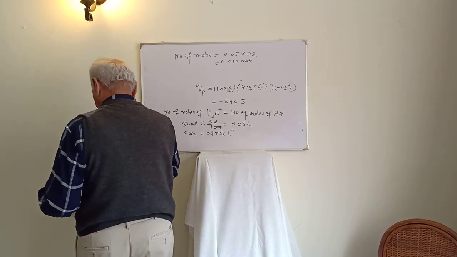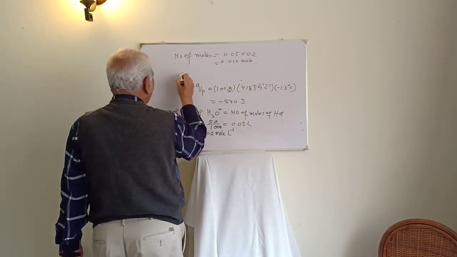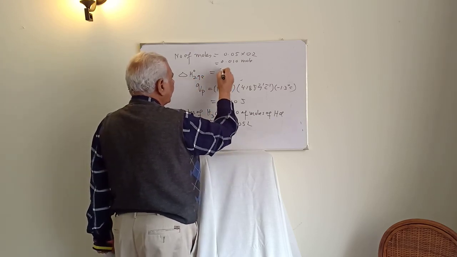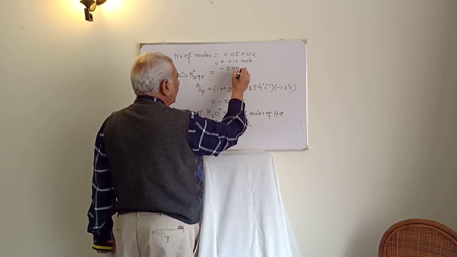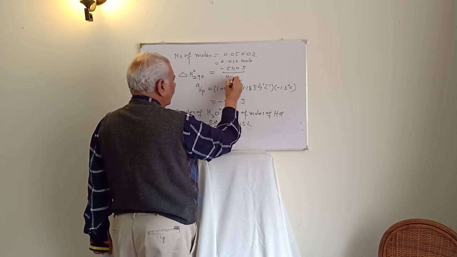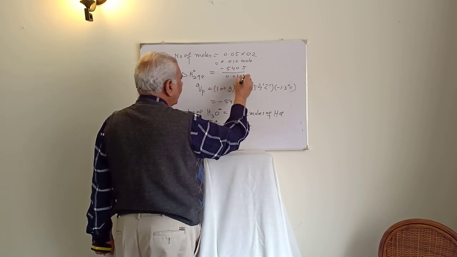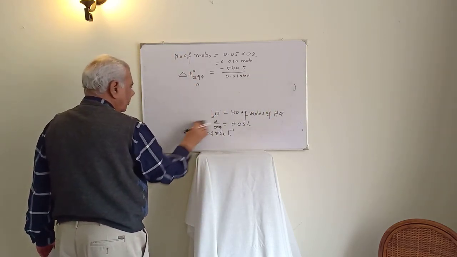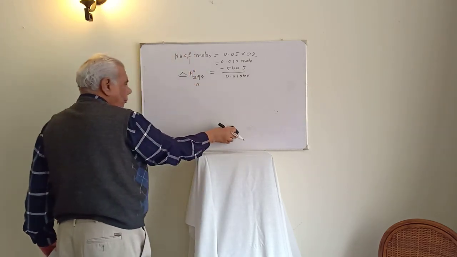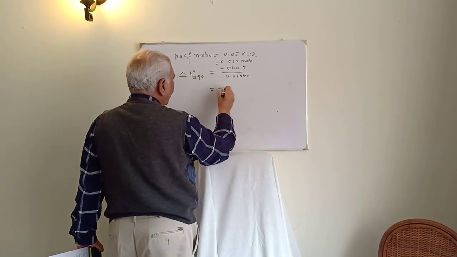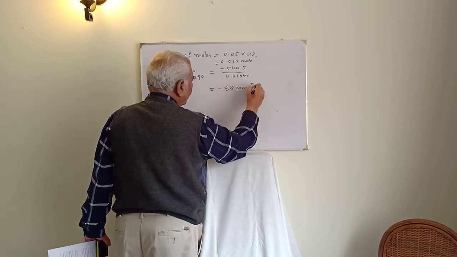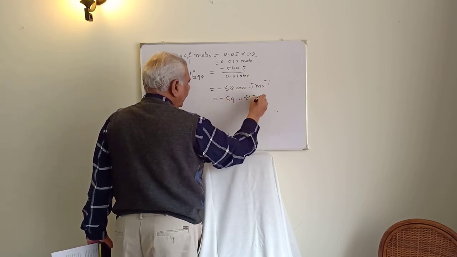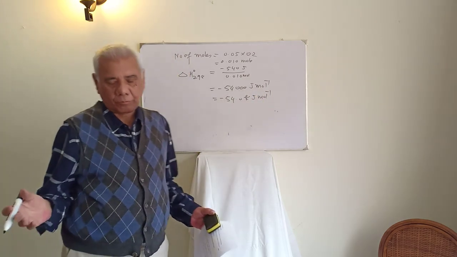Okay, therefore, what we then have, delta H naught 298 in this case is minus 540 joules over 0.010 mole, which is equal to minus 54,000 joules per mole or minus 54 kJ per mole. Right, so we end the lecture here.